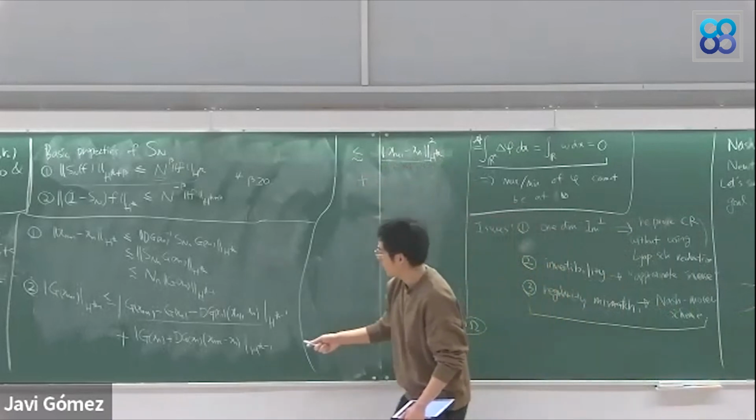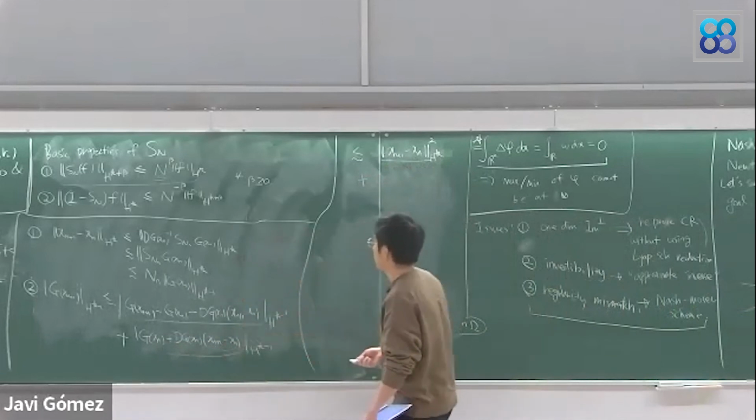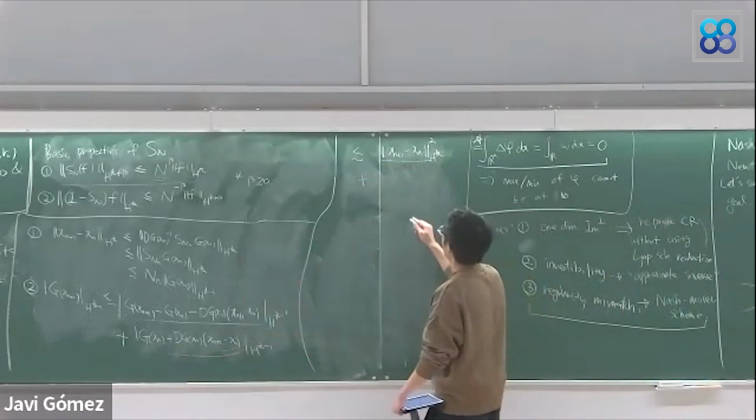And then we have the second term. Let's see what the difference of x_(n+1) and x_n is.